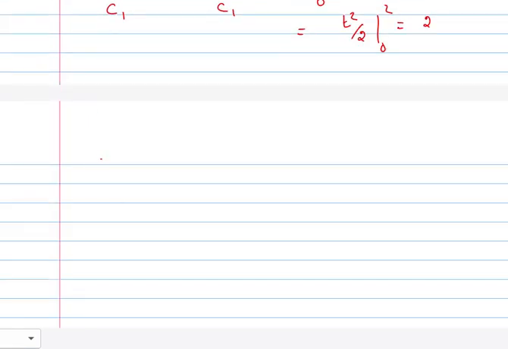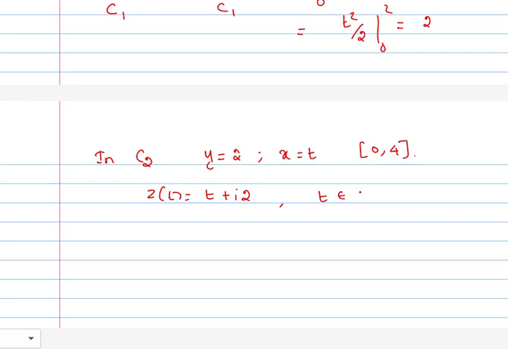So along the curve C2, y value is 2 and x varies from 0 to 4. So the parametric form of C2 is z of t equals t plus 2i, where t belongs to 0 to 4.